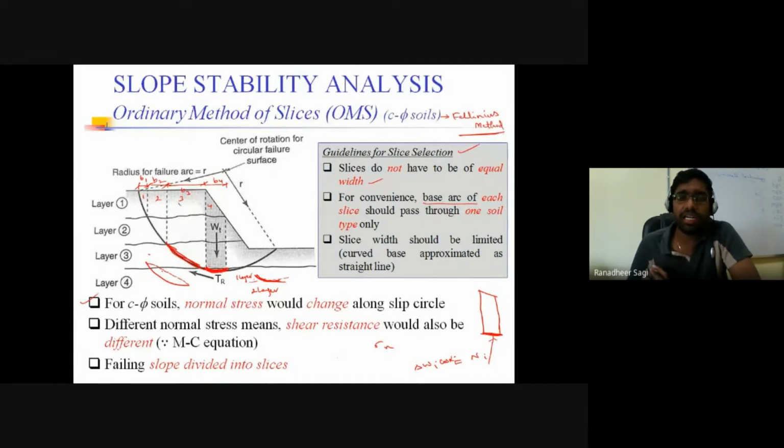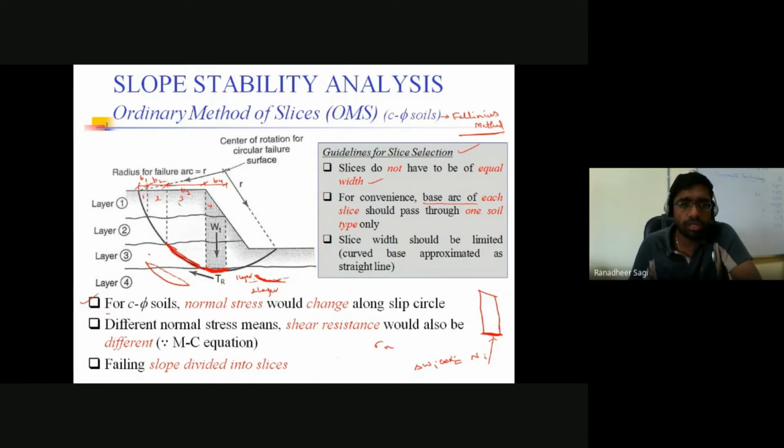We were generally talking about both C-phi soils. Irrespective of what is mentioned there, it doesn't matter. In case we are trying to apply for soils which have both C and phi parameters, we have seen how to write down the expressions for factor of safety, and how to analyze that particular finite slope for the soil which has both C-phi parameters.